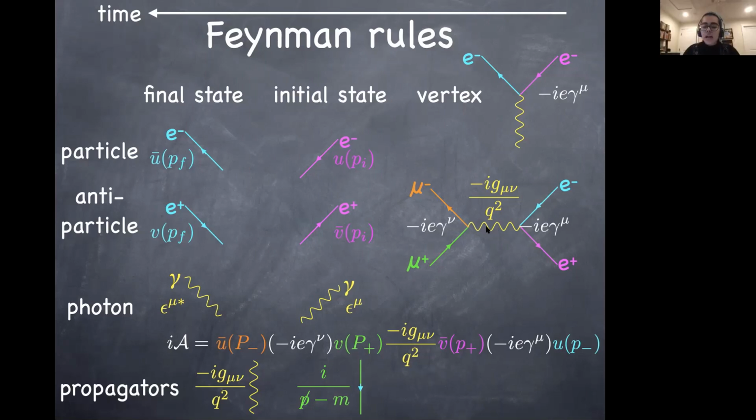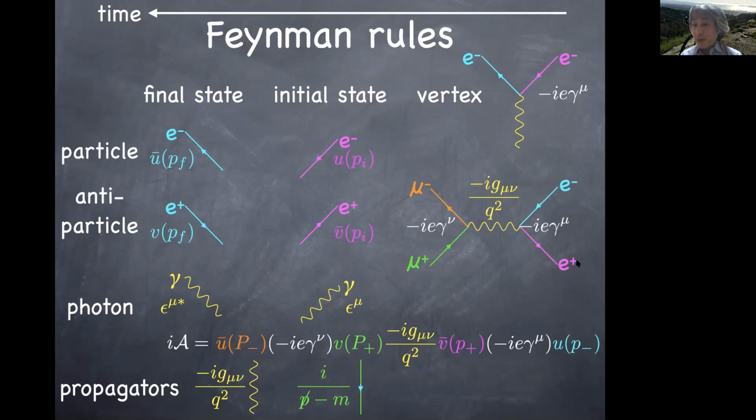I was also wondering, just for the ordering of the terms in the amplitude expression, if we have to follow the arrows like you did. That's right. So you always begin with the arrow coming into the diagram, and that's this u spinor here, and then the vertex, and end with the arrow going out of the diagram.